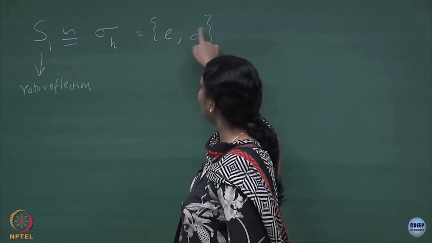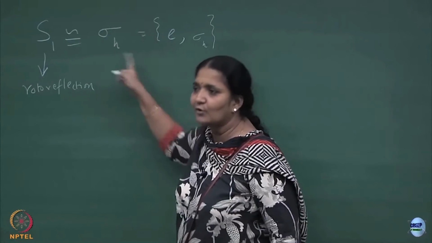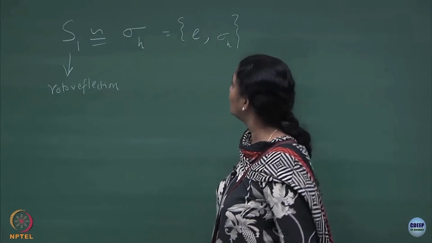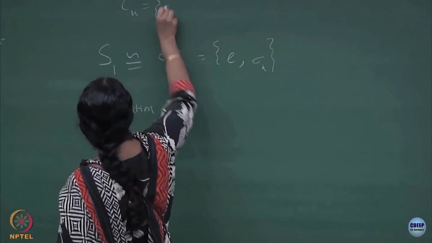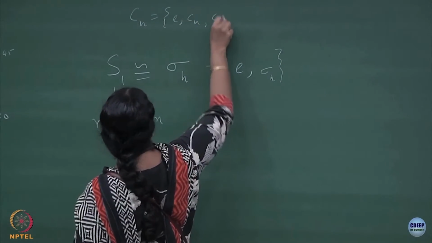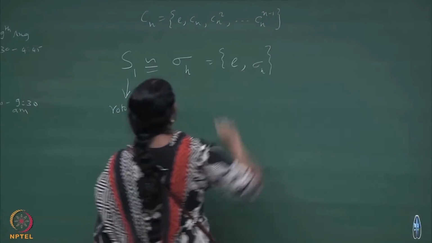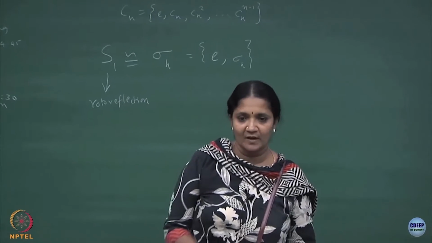As I said, generators are sometimes written as the group element also. The group is also denoted by the generator. For example, Cn, you can write it as E, Cn, Cn squared. This is the way of writing it.